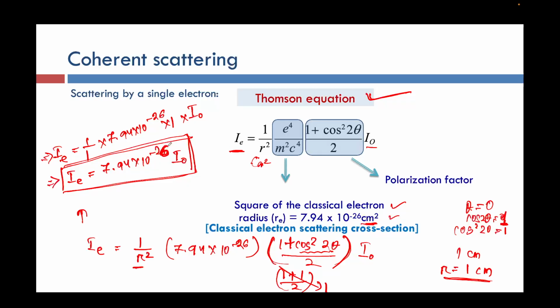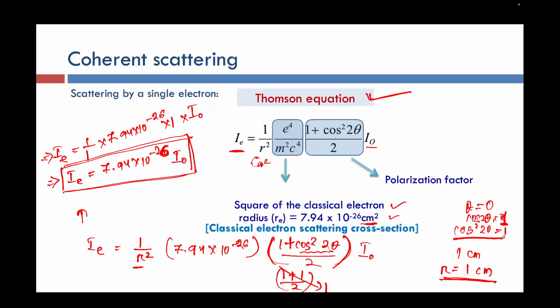Why is that? Because I am measuring the intensity at a distance of 1 centimeter with θ equal to 0. θ equal to 0 means my beam is almost the transmitted beam, a direct beam. I am not taking any scattering currently, and there is no partial interference. So this is the maximum interference which is happening, and I am getting such low intensity.